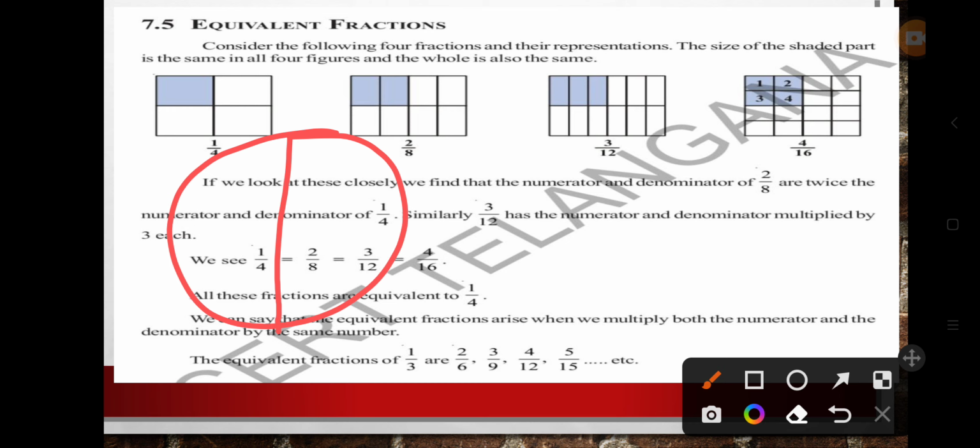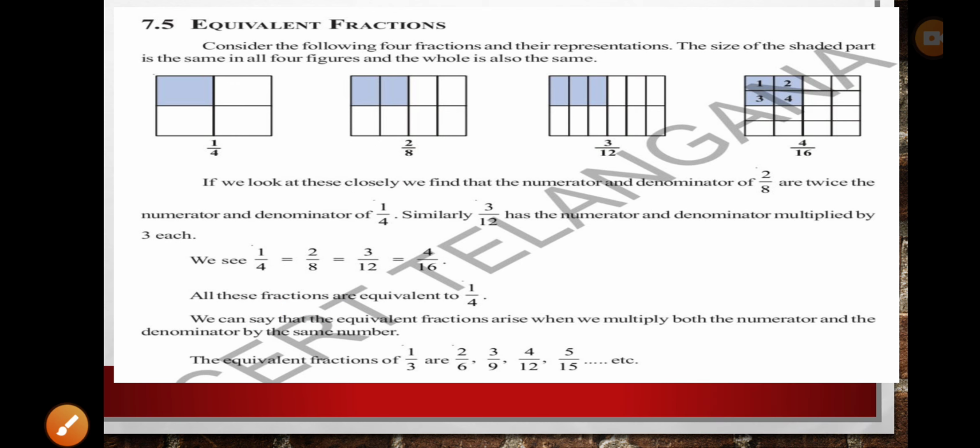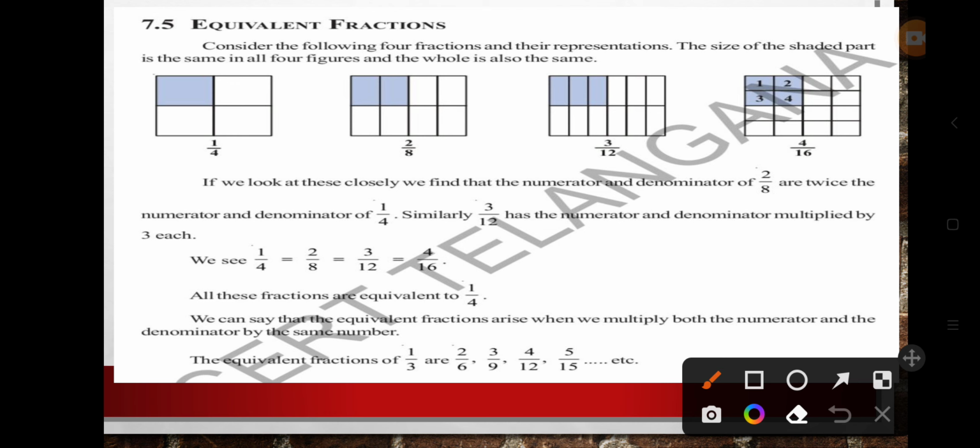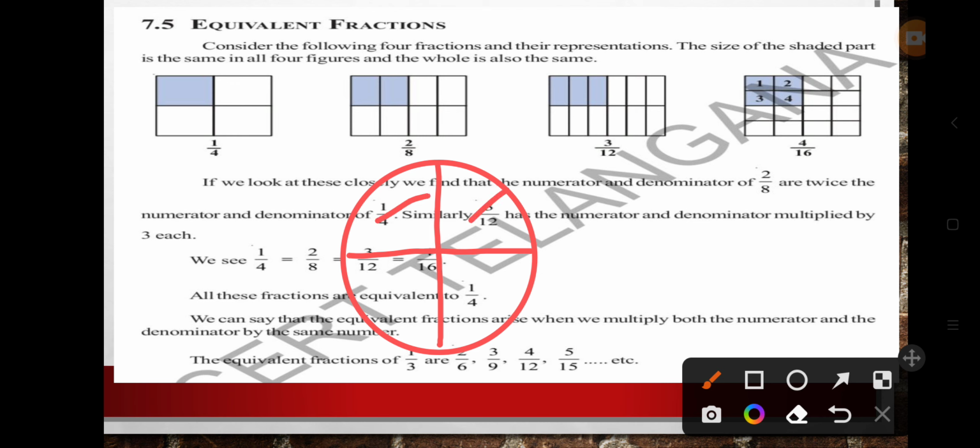So I had one part of it. Again the same cake I took, but now I will divide it into 4 equal parts. Now I had 2 parts.